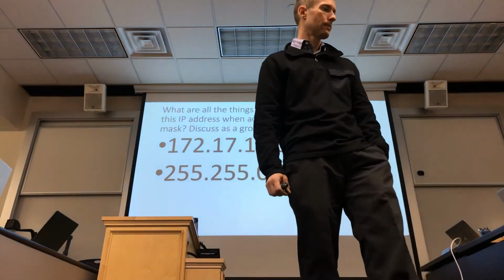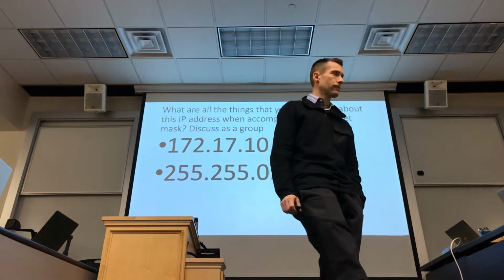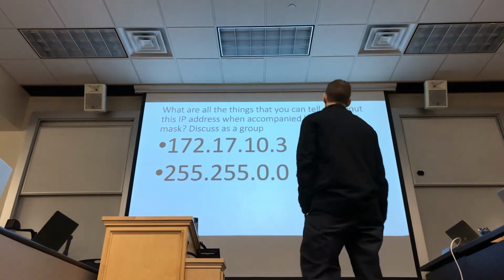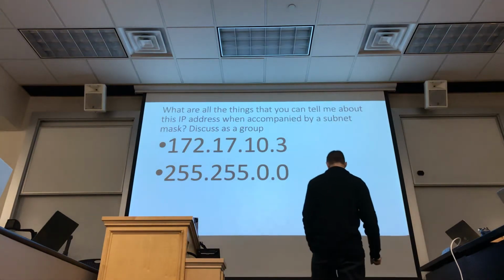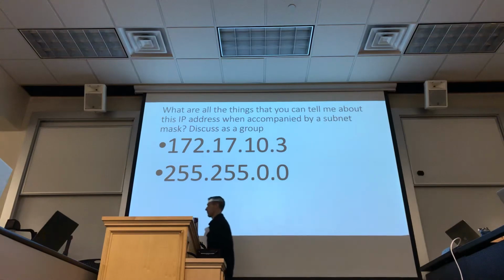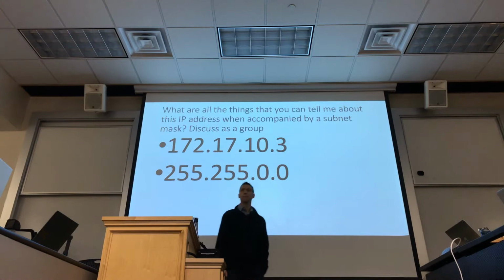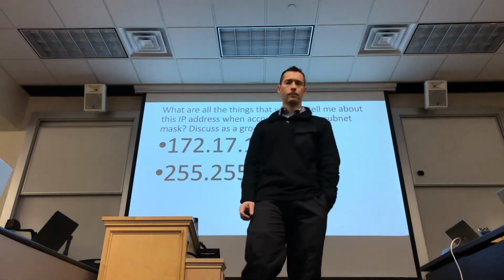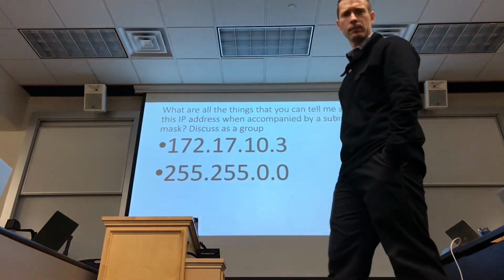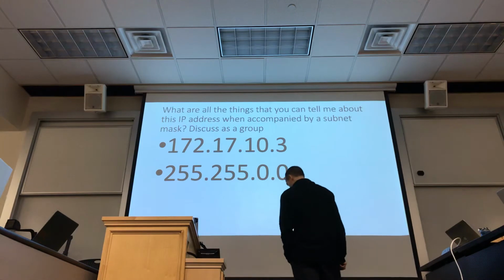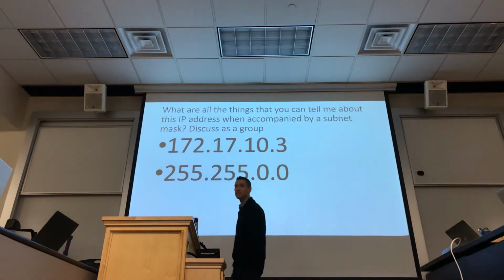So each dot is 8 bits, it's just the total. The first one is the IP address, the second is the subnet. So the subnet is how we figure out these things, I think.